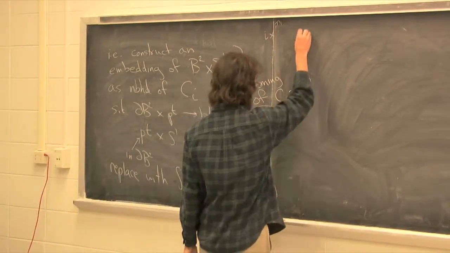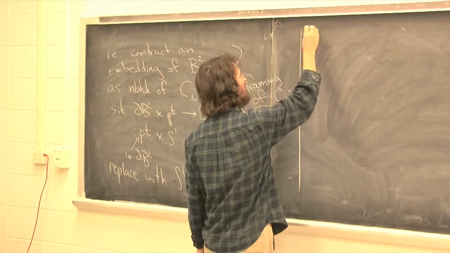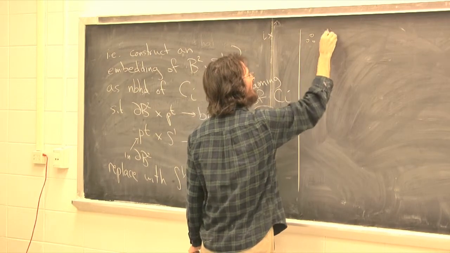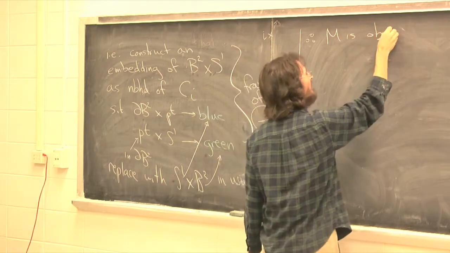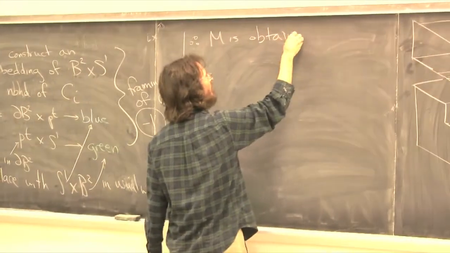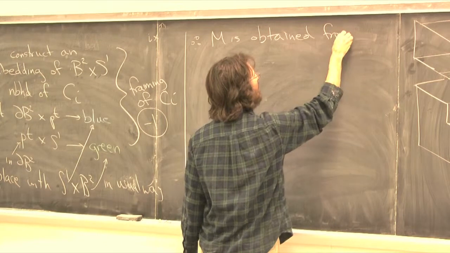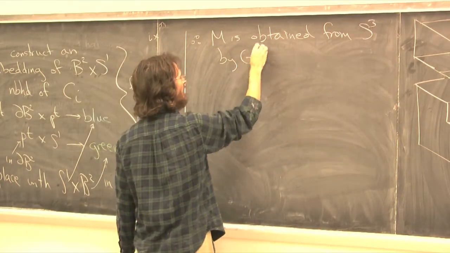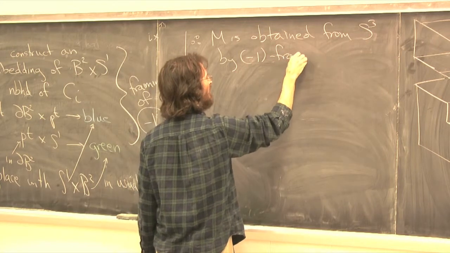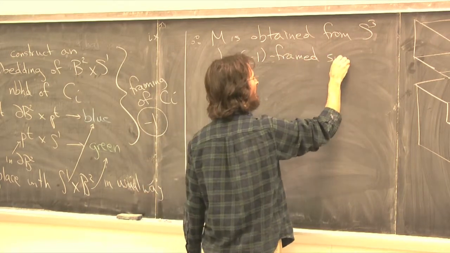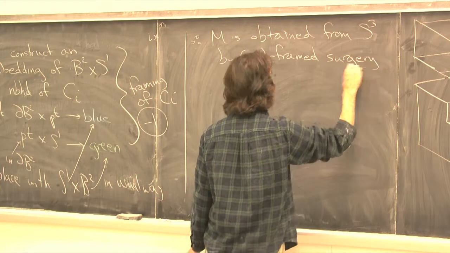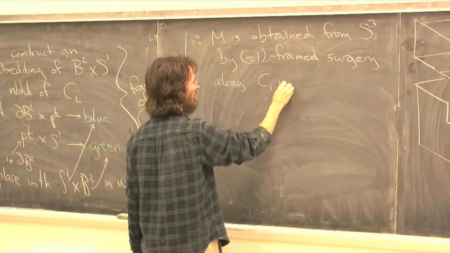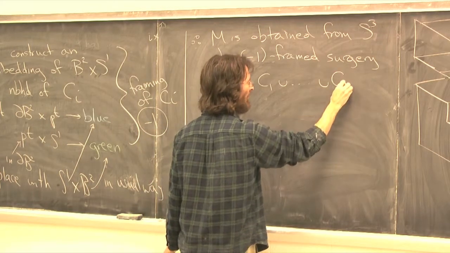And so we are doing -1 framed surgery, therefore n is obtained from S3 by -1 framed surgery along this C1 union, the union of all these curves.